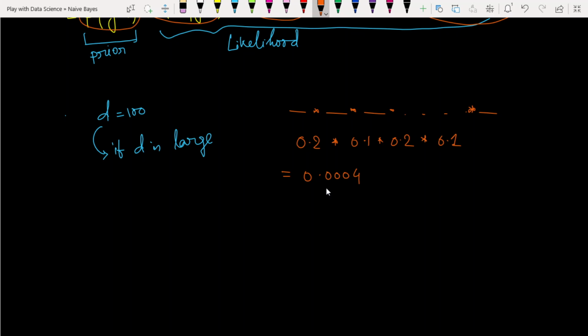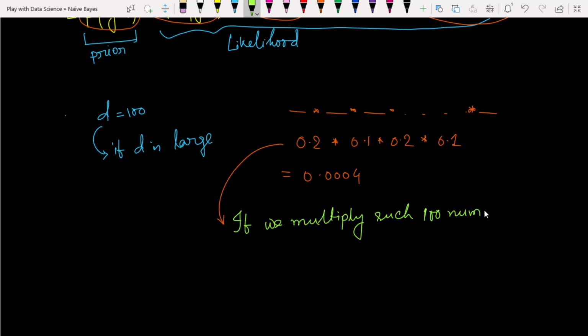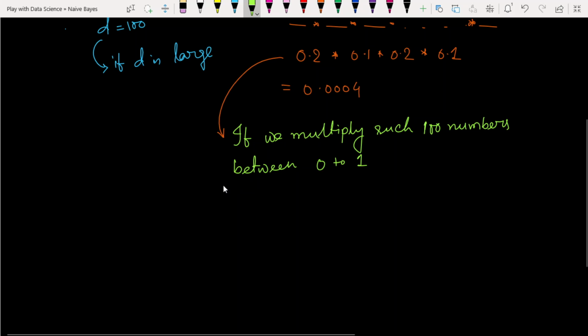So the main problem is, if we multiply 100 such numbers between 0 and 1, then what happens? If we multiply them, this value will be so small.